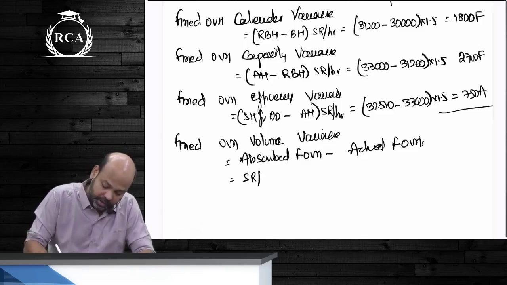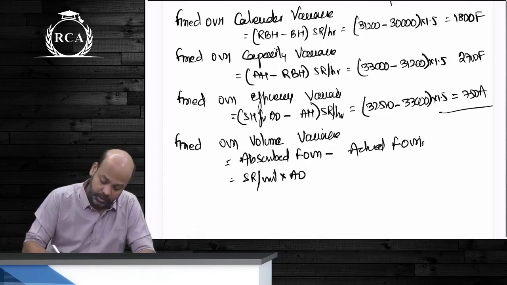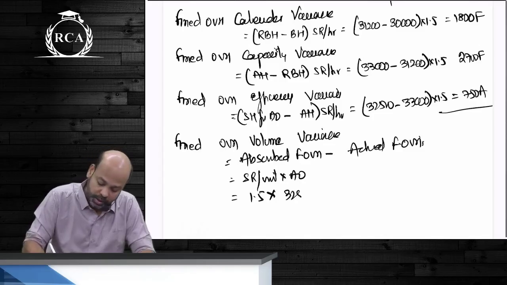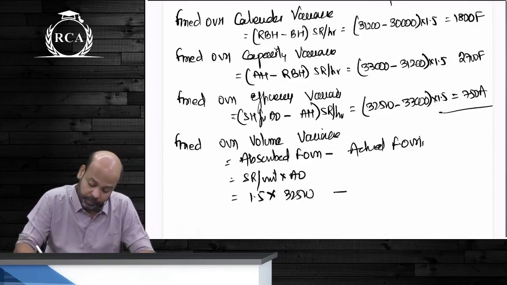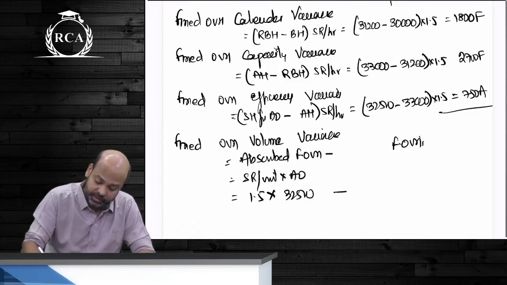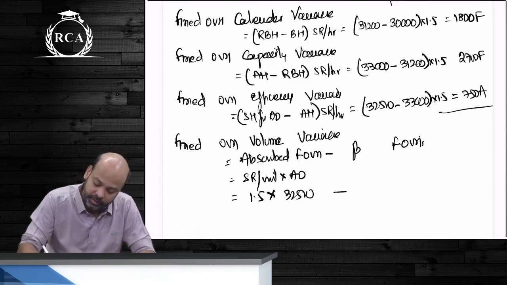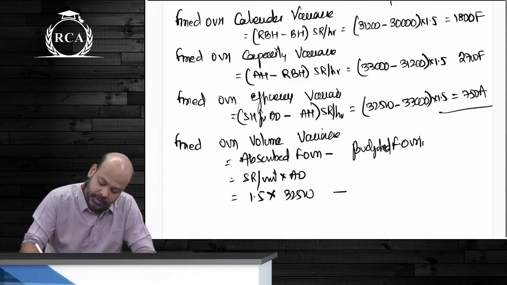Absorbed can be written as standard rate per unit into actual output, which will be 1.5 per unit into 32,500 minus budgeted 45,000. This will become 3,750 favorable.